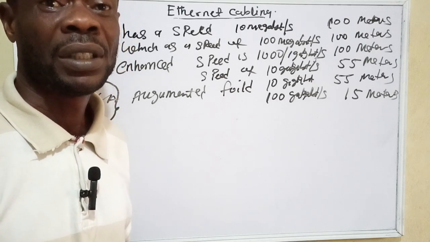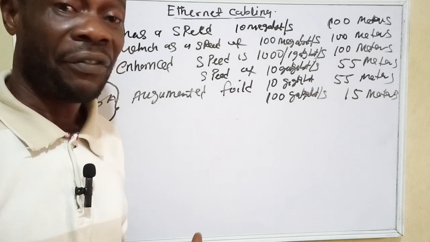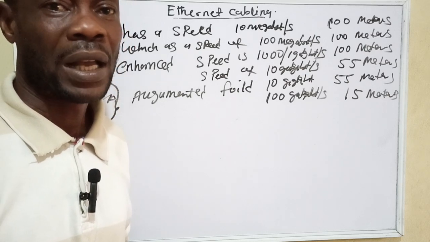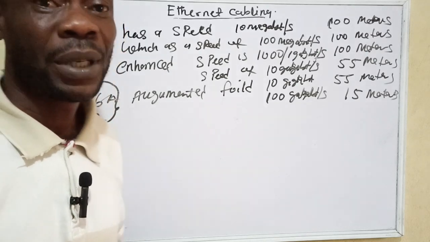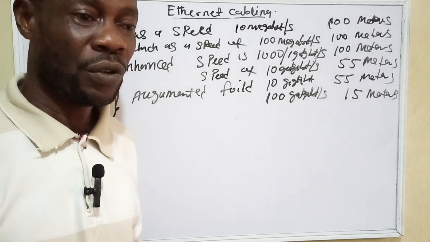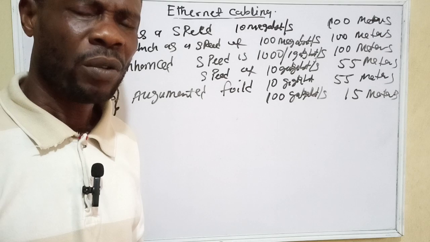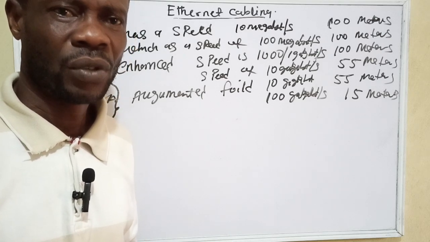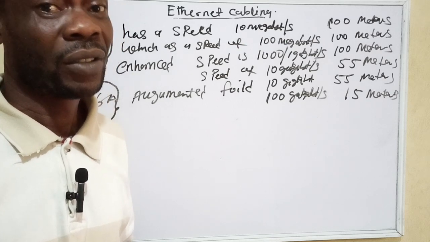They can be used in a factory where heavy equipment is used without any problem, but unshielded twisted pair cannot be used in a noisy environment where heavy equipment is used, because the signal will be interfered with.